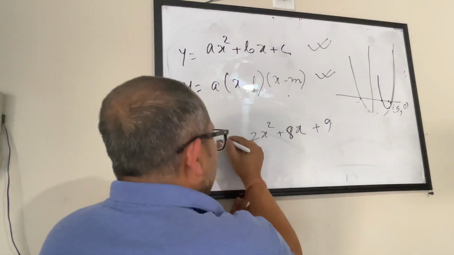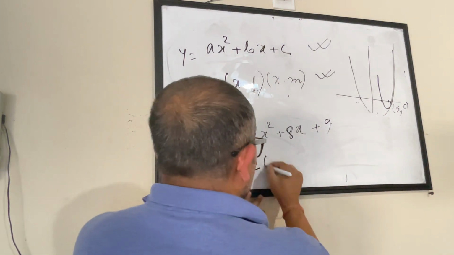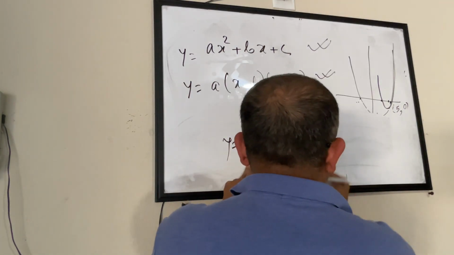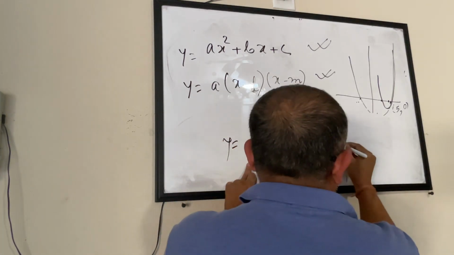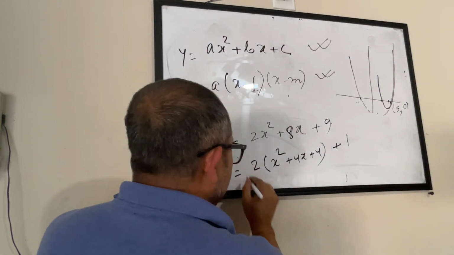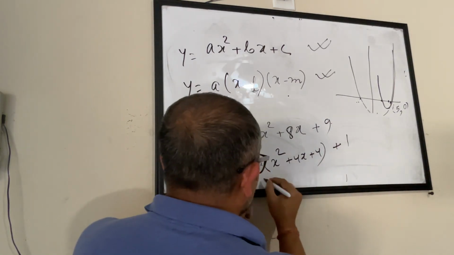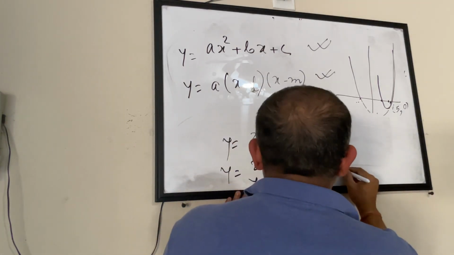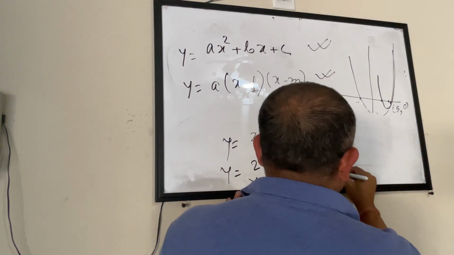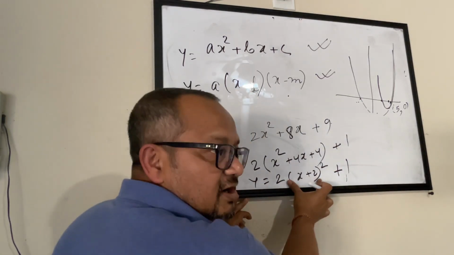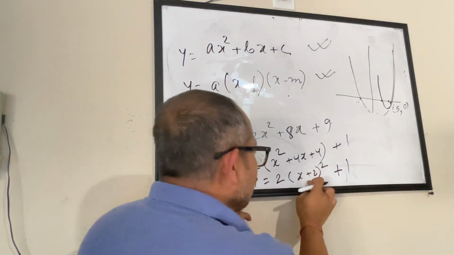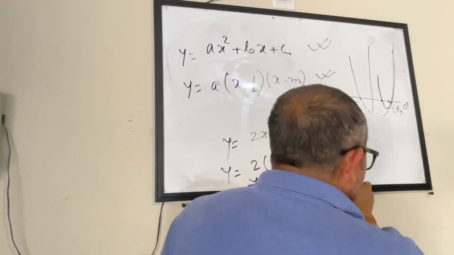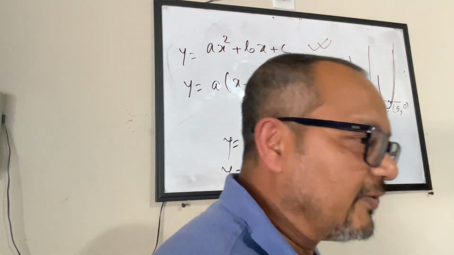What you can do is take 2 out: 2 times (x squared plus 4x plus 4), plus 1. Now this becomes y equals 2 times (x plus 2) whole squared plus 1. This is your vertex form. This tells you the x coordinate of the vertex, and this is the y coordinate of the vertex, and you can find it out.